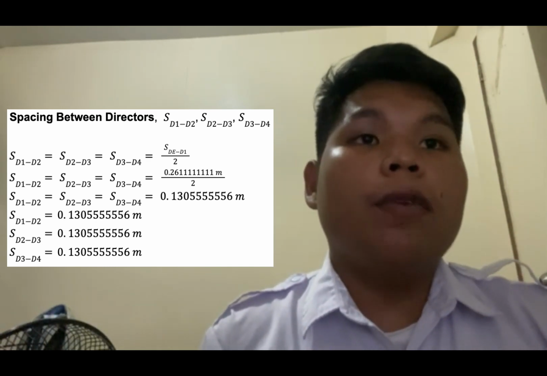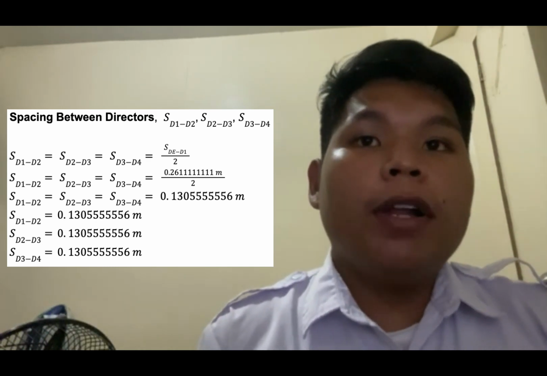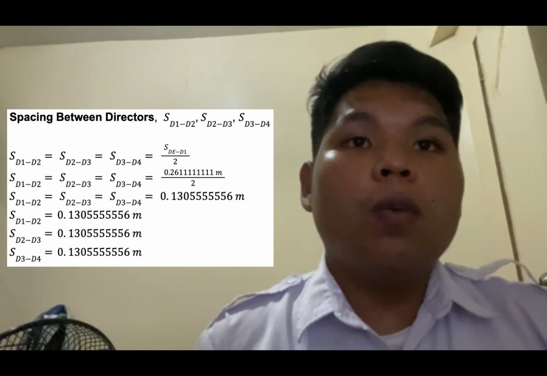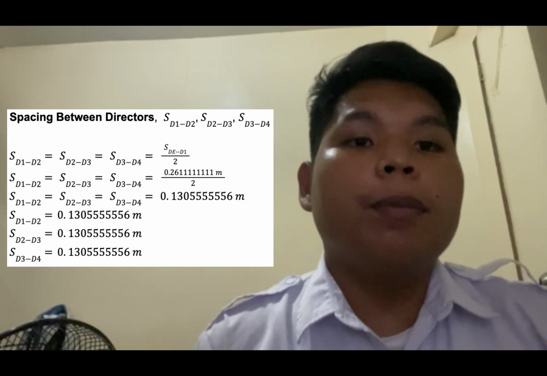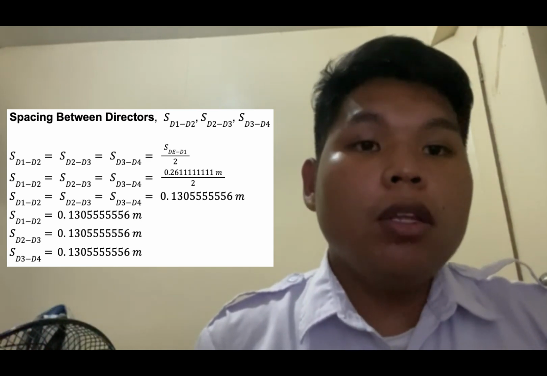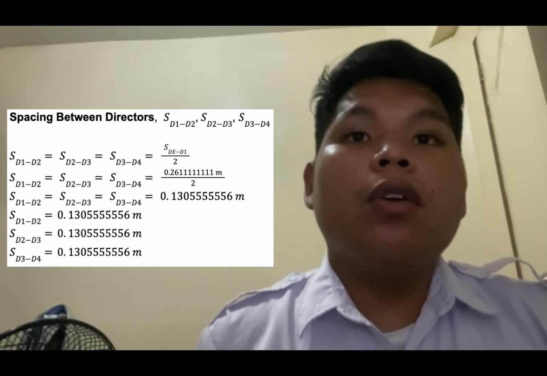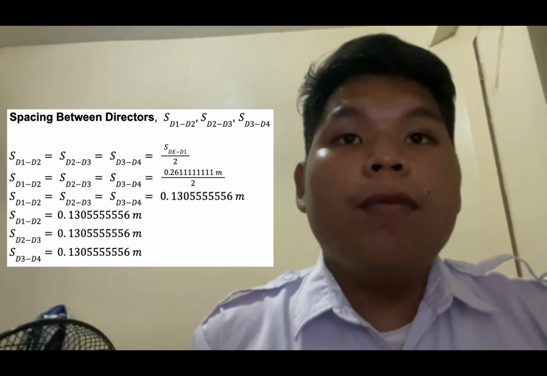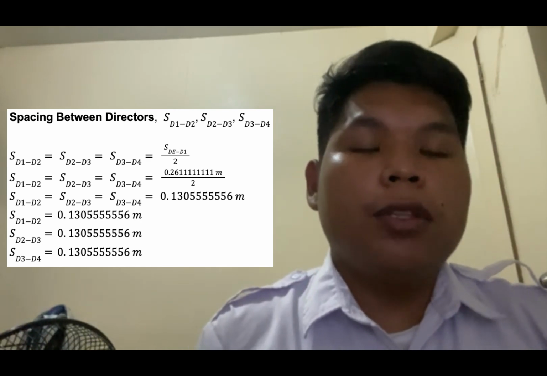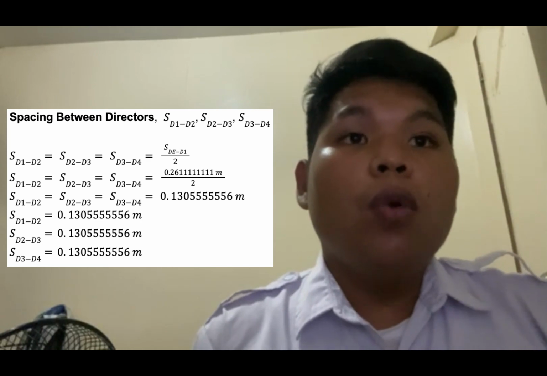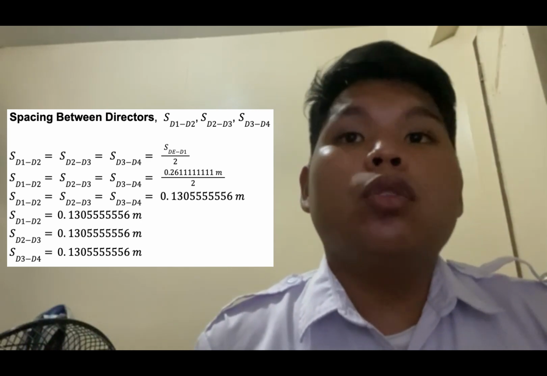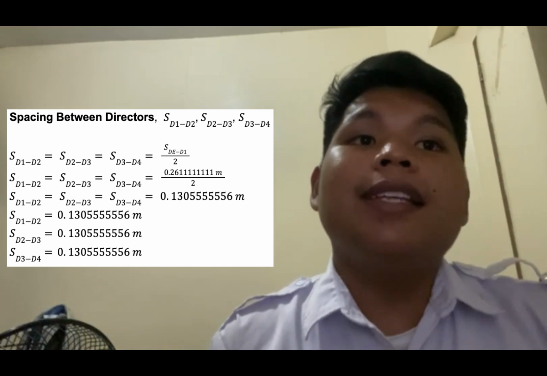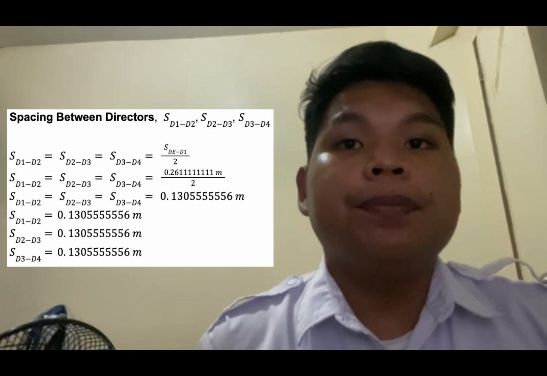By replacing the value of SDE to D1 with the value we calculated, which is 0.261111111 meters, and dividing it by 2, we would have a value of 0.130555556 meters. With this value, we will apply it to each of the SDs, as all have the same spacing between one another.